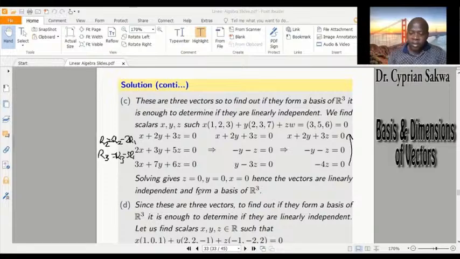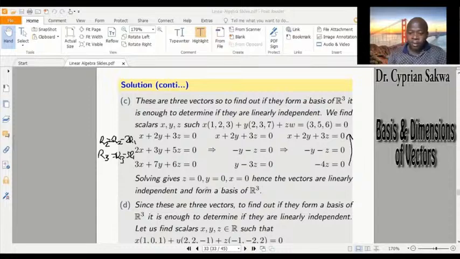Since they are linearly independent, it's automatic that they also span. Remember, there are three vectors in R3. Since they are linearly independent and there are three vectors in R3, they will have to span R3.